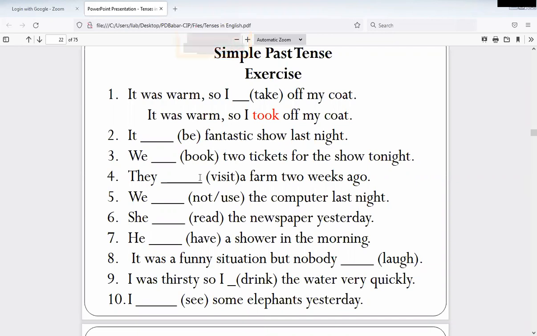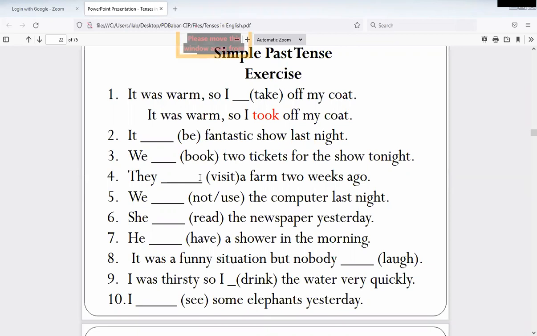We can identify it from certain expressions in the example. Last night is that expression. With the help of that expression, we can identify the time of this action. Last night means past time.